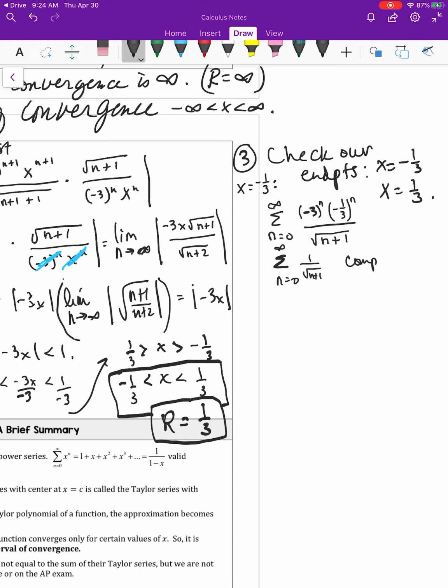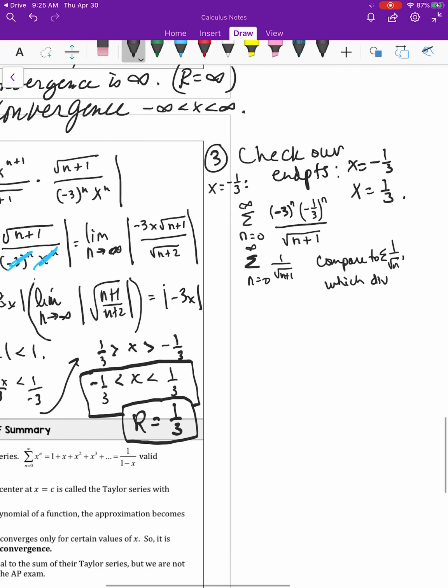Right? And technically for that one, we would use a comparison test, comparing to the summation of 1 over the square root of n, which diverges.